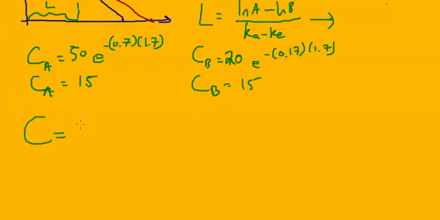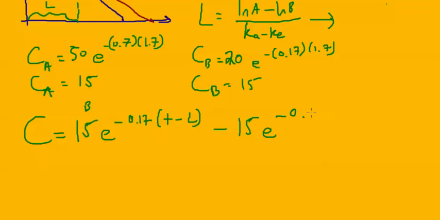The actual adjusted equation would be C equals B e to the negative KE, which we got as 0.17, I believe, times (T minus L), minus A e to the negative Ka, which is 0.7, times (T minus L). This is the actual adjusted equation after you take everything.